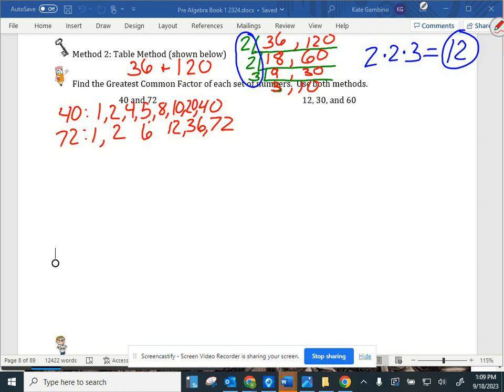What else do we have? Grayson? 3 and 4. 3 can go into it. Will? 9 and 8.